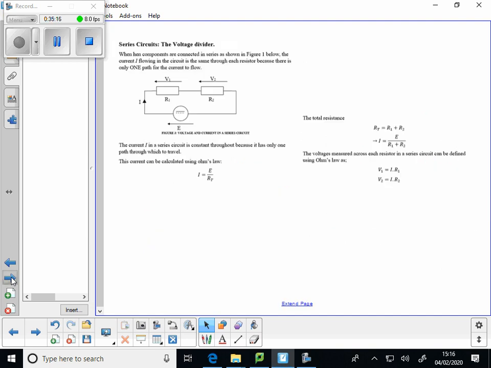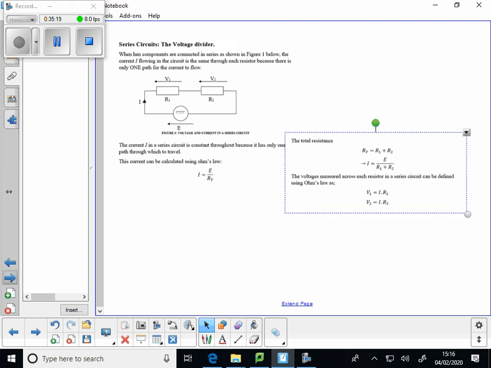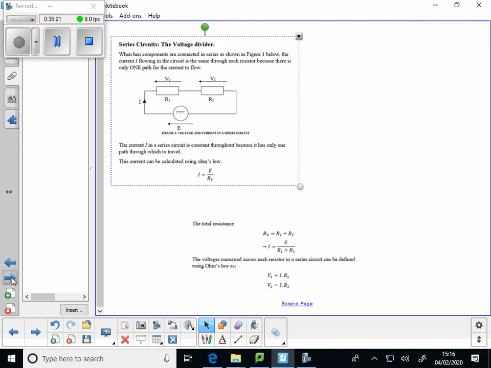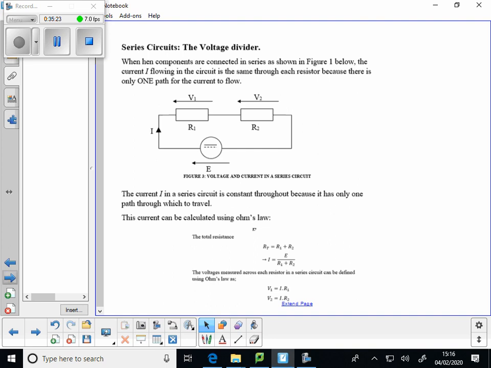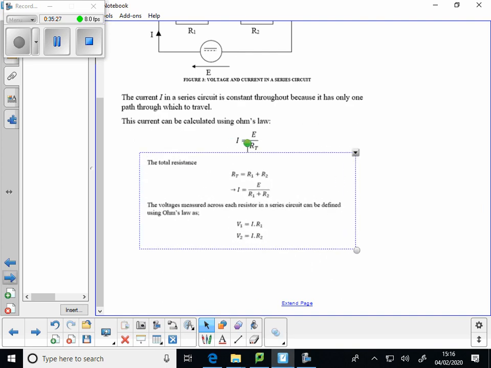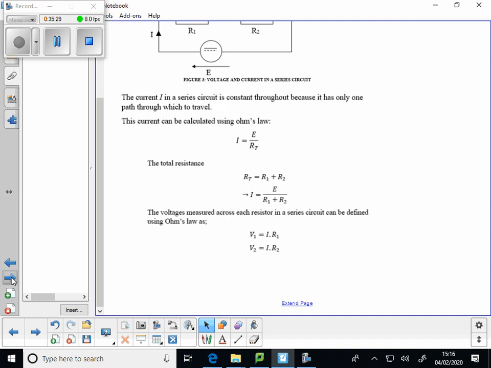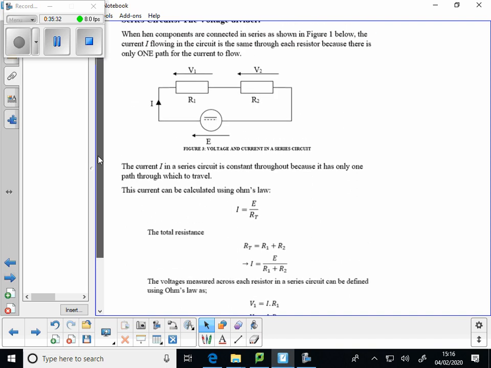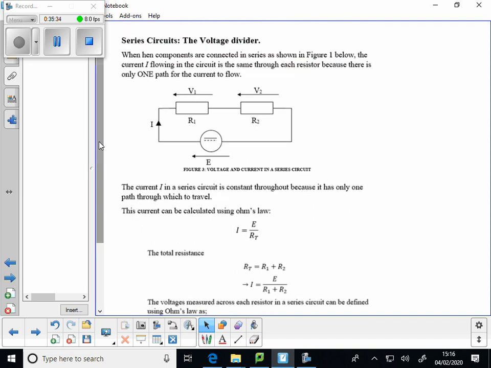Series circuit: the voltage divider. Again, I think we've probably covered this in the science. But if we apply voltage E to a series circuit, resistors R1 and R2, we'd have a volt drop across each resistor, V1 and V2.